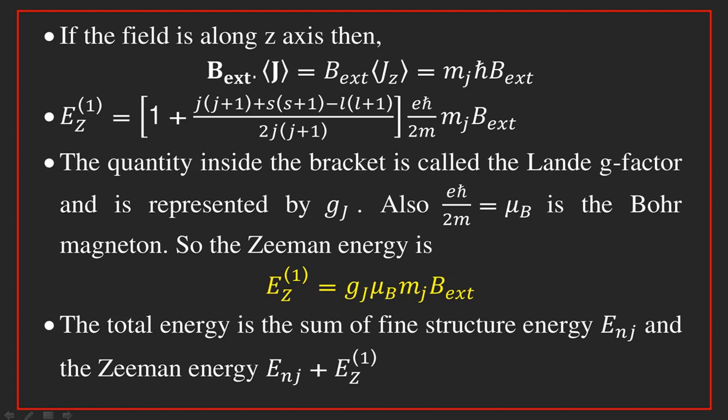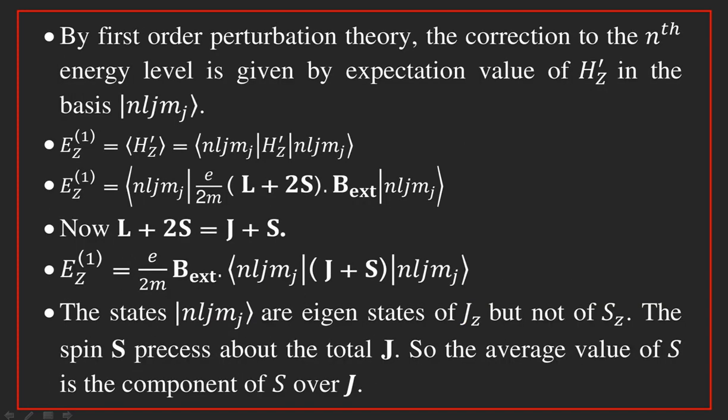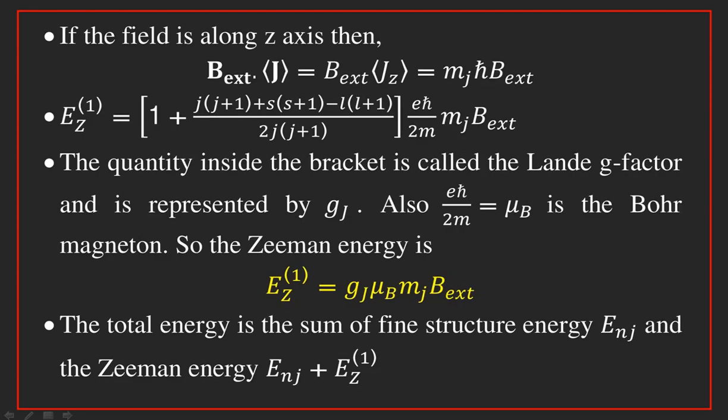Therefore, B external dot J will be B external into Jz, and the average value of Jz will be mj h cross with respect to the eigenstates n l j mj. The average value will be mj h cross into B external.